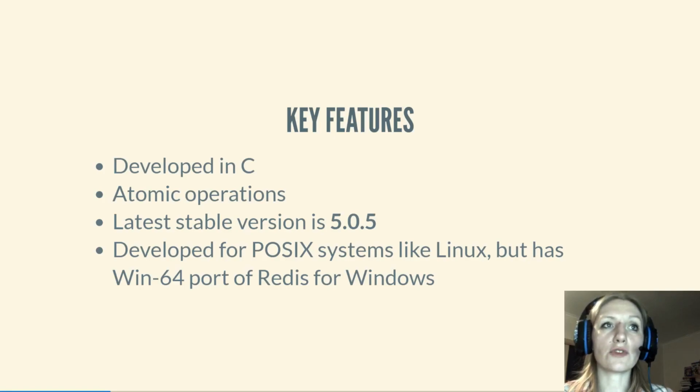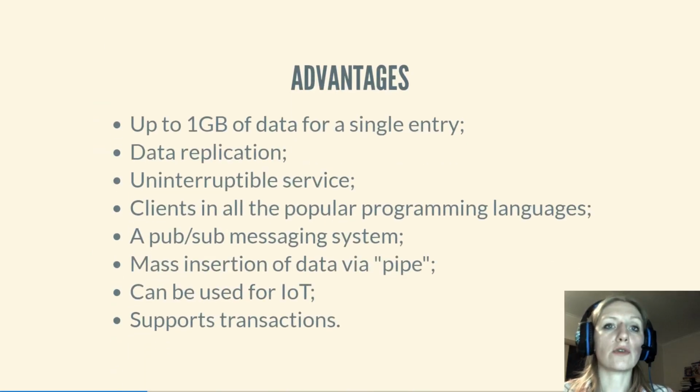The latest version of Redis is 5.0.5, and you should notice there are lots of advantages of using Redis. First of all, you can store a huge amount of data, and just imagine 1 gigabyte of data per single entry. Redis uses hashing mechanism called Redis hashing.